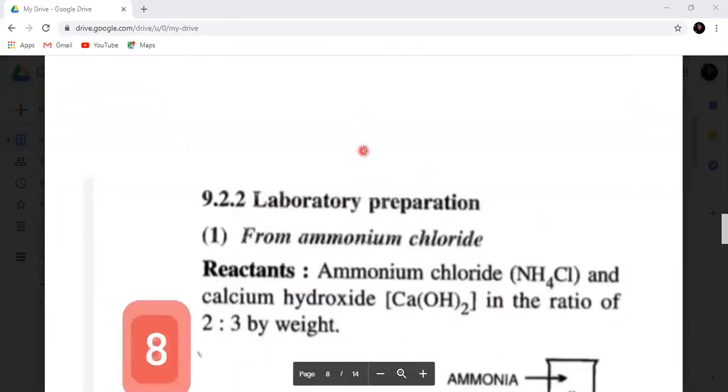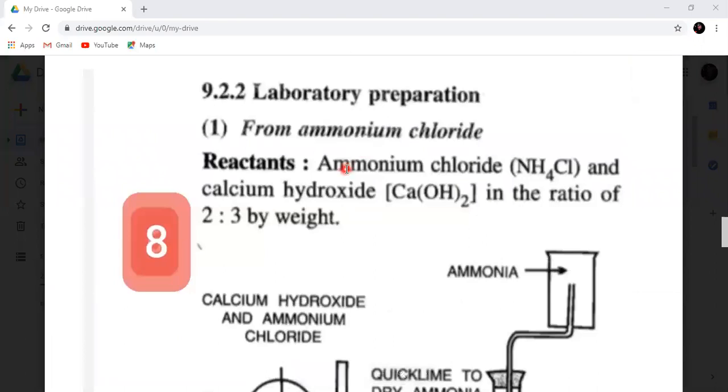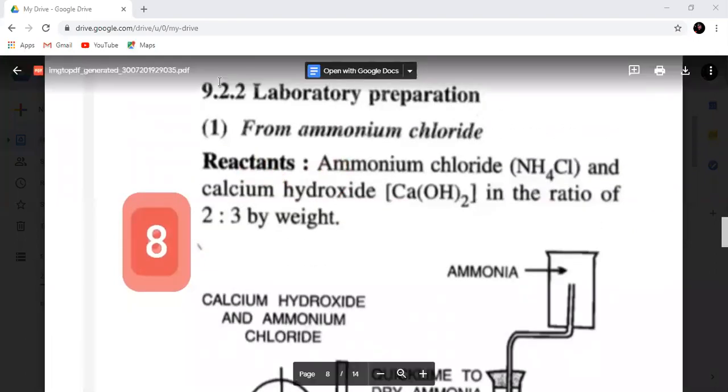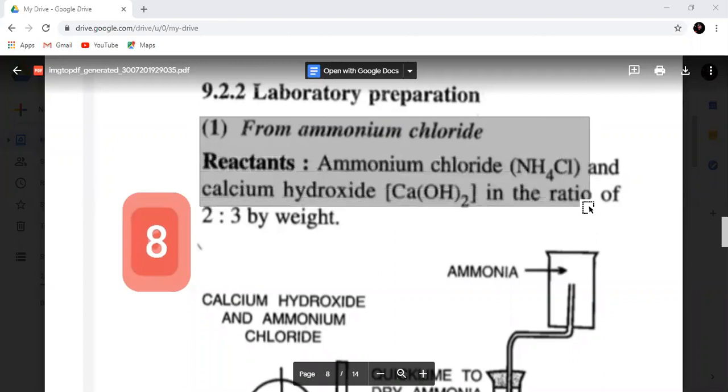After that, the laboratory preparation is coming. Laboratory preparation is very, very important and mostly comes in your exam. For the laboratory preparation, the first method is from ammonium chloride. I'm highlighting that one, kindly check it. From ammonium chloride, but ammonium chloride alone is not enough. What are we using here? We are using calcium hydroxide also.